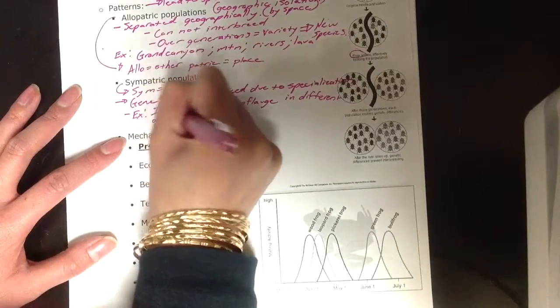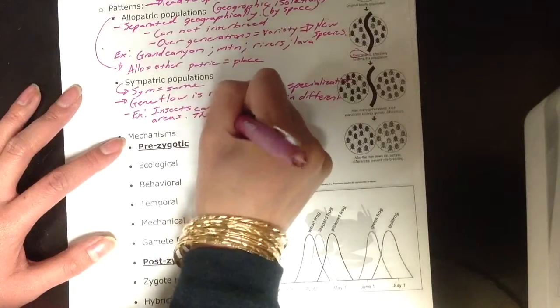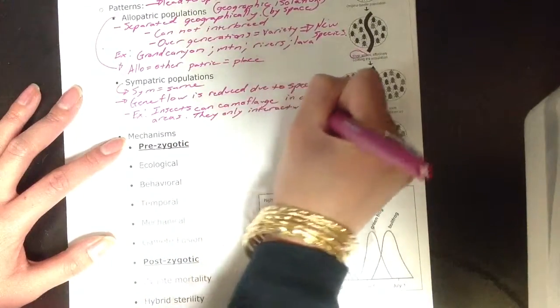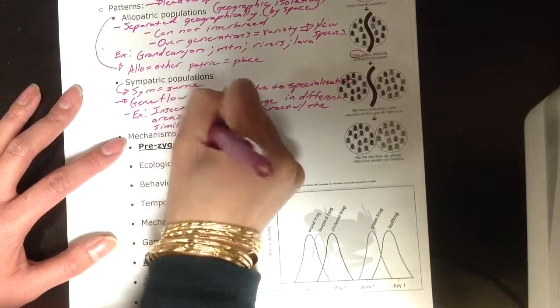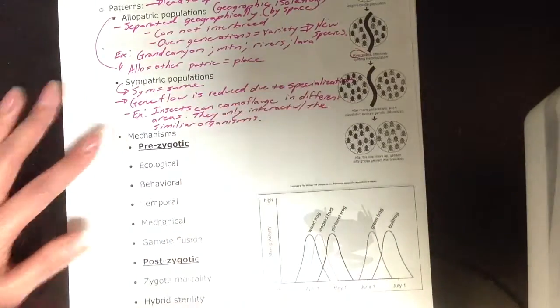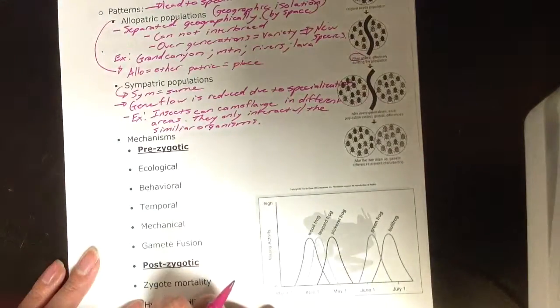And because they are in those different areas, they only interact with the similar organisms. So nothing's forcing them to stay away from each other. It's not like a river came between them and separated them.